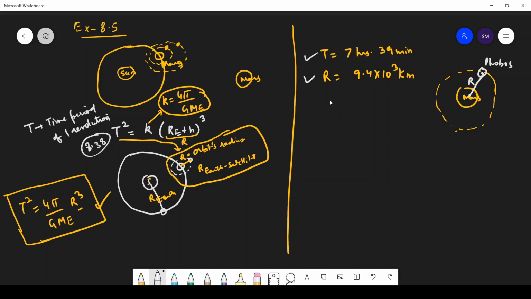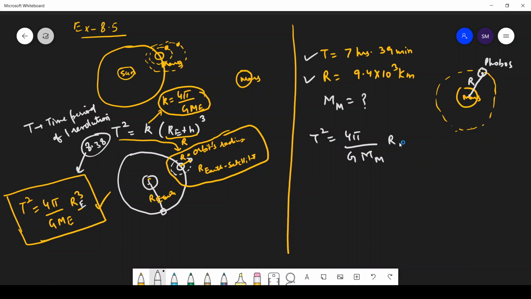So we have to calculate the mass of the Mars. So same formula here, T square is equal to 4 pi upon G. Instead of Earth I have Mars here, so I will have MM instead of ME. So this is your equation 8.38. Here it was orbit of the Earth, here it is orbit of the Mars.